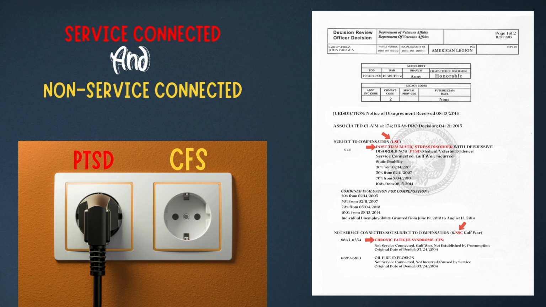He also has non-service connected disorders. For example, he was denied and has a non-service connection for chronic fatigue syndrome, or CFS. When we say service-connected, we mean disabilities or injuries that are connected to his military service. When we say non-service connected, we mean disabilities or injuries that are not connected to his military service.